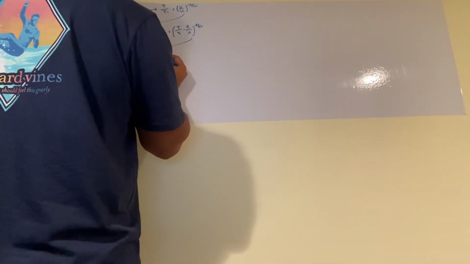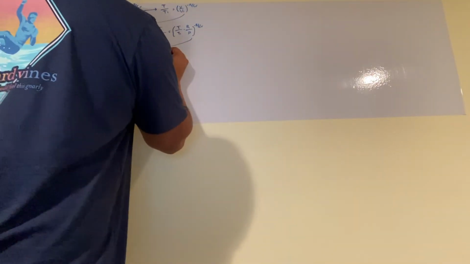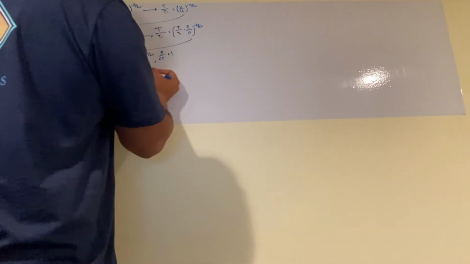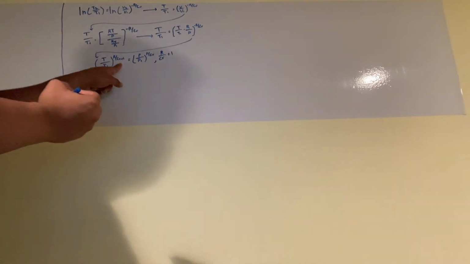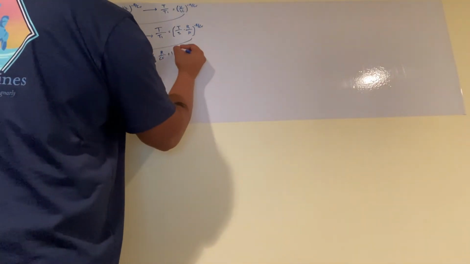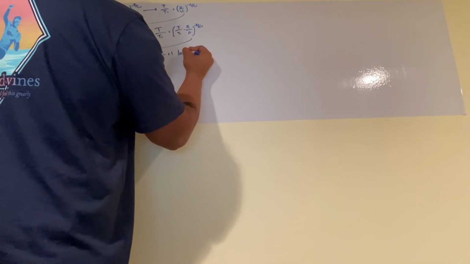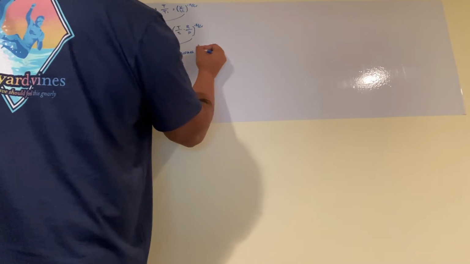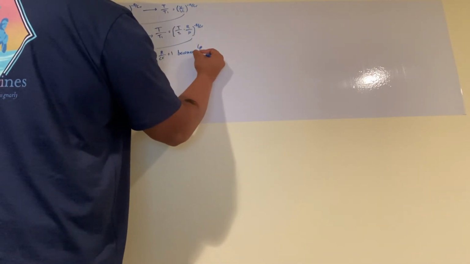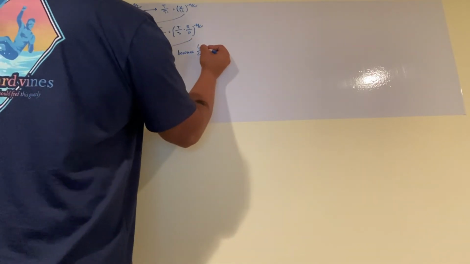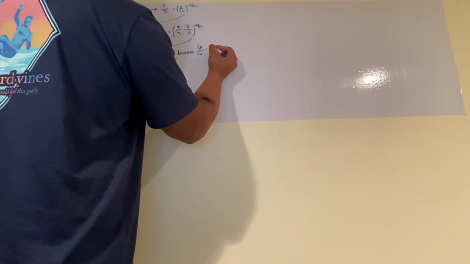So next step, the R over Cv plus 1, which is right here in this exponent, can just become Cp over Cv, which equals gamma.